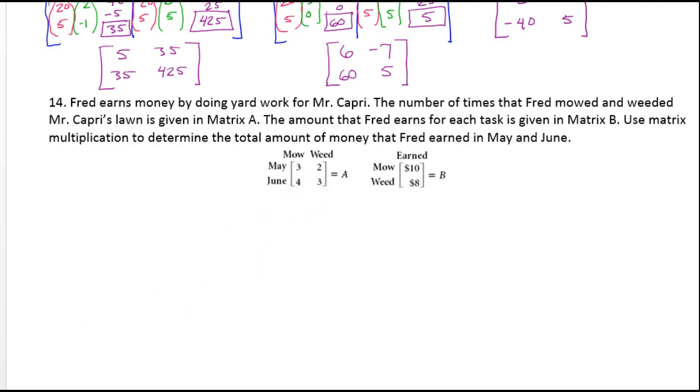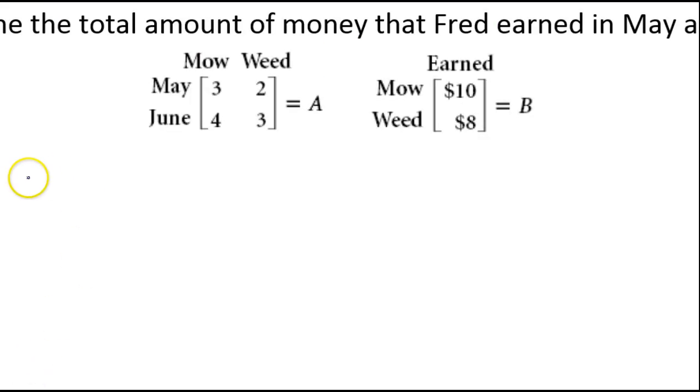Let's zoom in. We're doing matrix multiplication, so we're going to multiply matrix A times matrix B. Let's analyze the dimensions. So understand that matrix A is a 2 by 2 matrix, while matrix B is a 2 by 1 matrix.